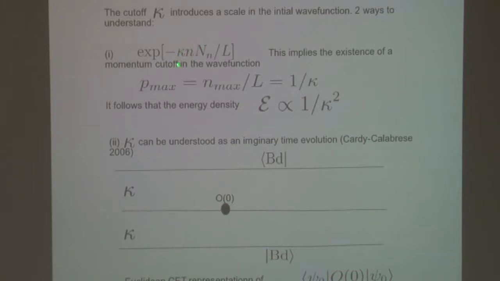When kappa times n over L is 1, the occupation number of that momentum mode has to be less than 1, which means those modes are not there. So that gives you a notion of a UV cutoff on the momentum, and that is essentially given by 1 over kappa.